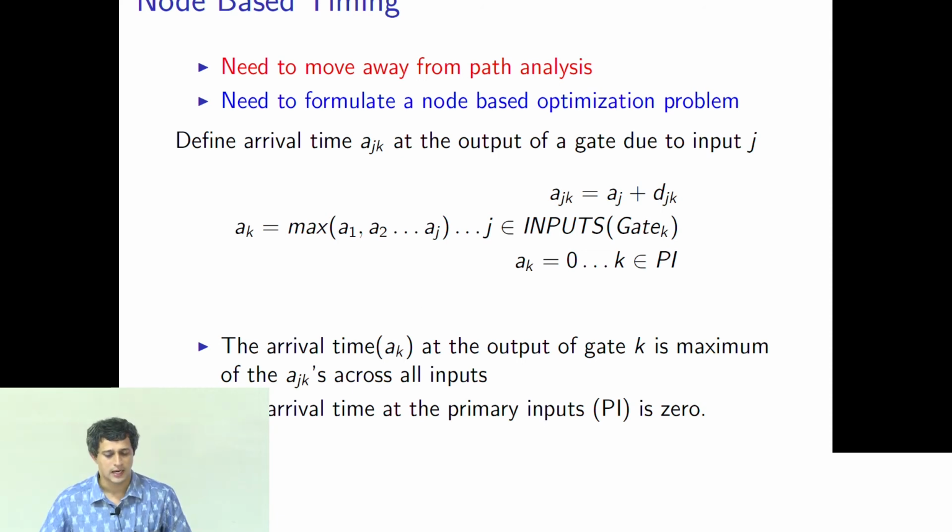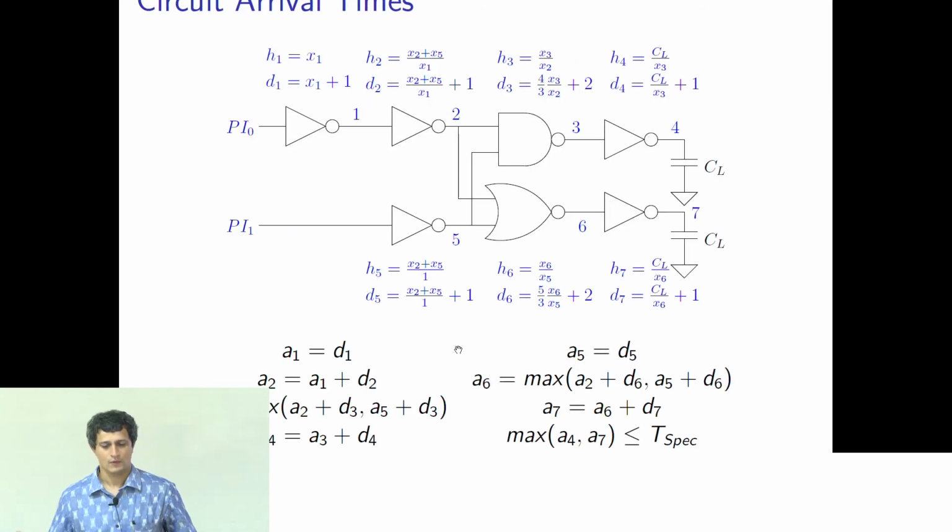So this we did. Arrival time at the kth output is basically the max of the arrival time of the input, and all that stuff, right? So let us assume that the capacitance on node 1 is xk.